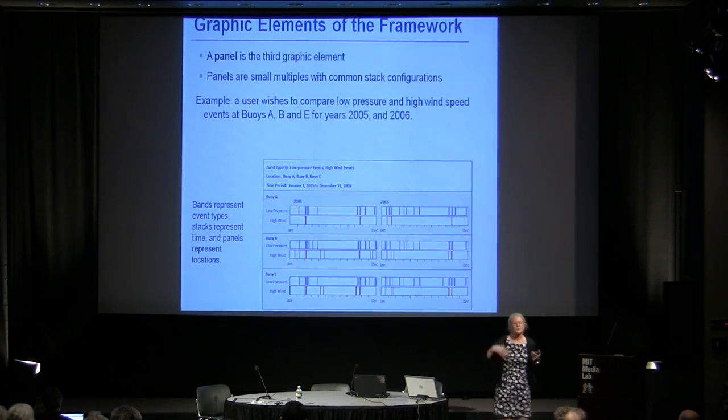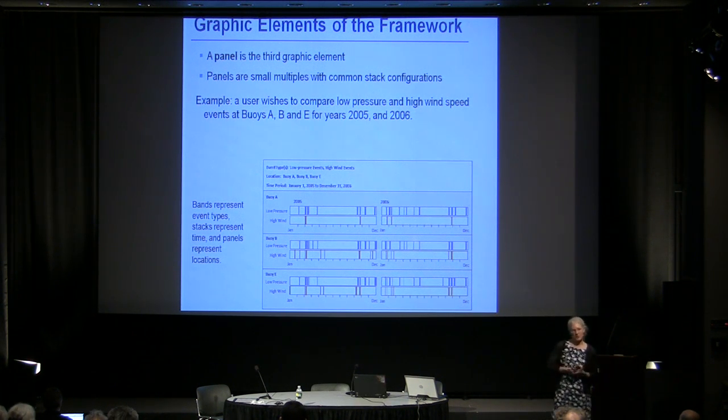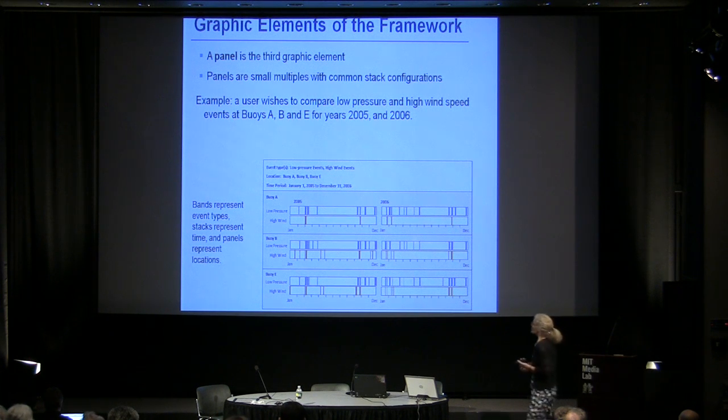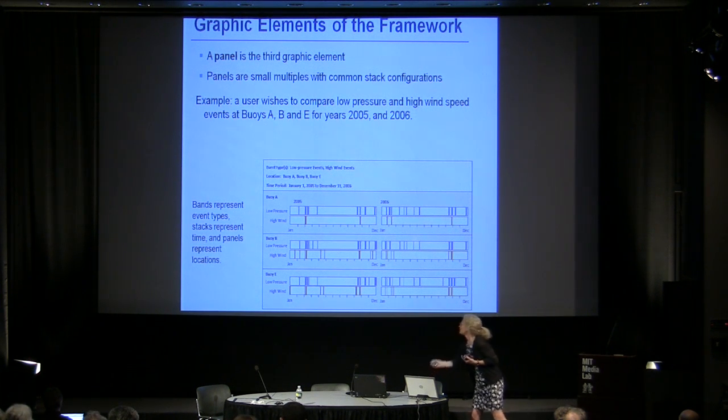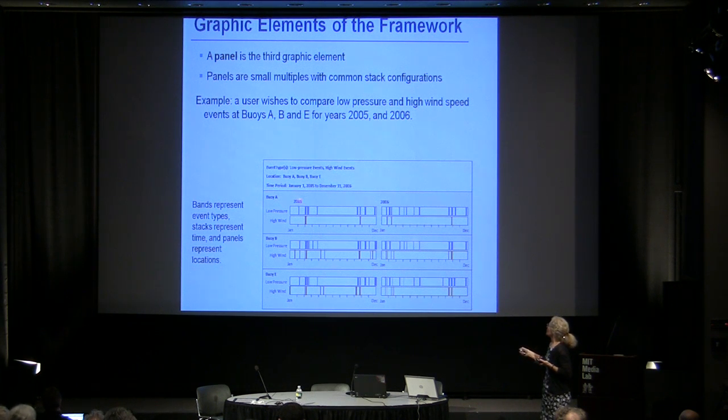And then there's a third level. We can start to add to this: we can have stacks, and then we can have panels, and we start to build up the complexity of this idea. In this case, we have theme assigned to bands, time assigned to stacks, and location assigned to panels.